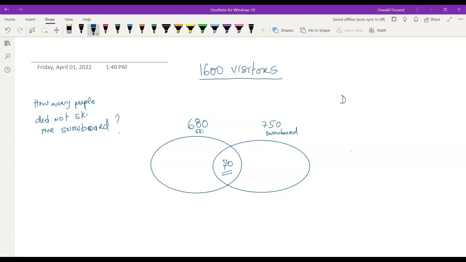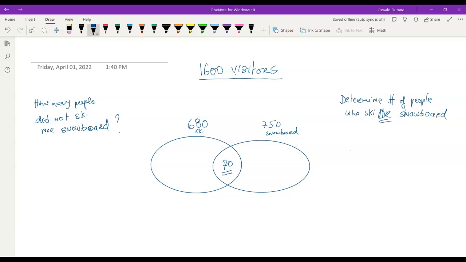First, determine the number of people who ski or snowboard. When I'm using that language, that means the overall number of people, all of them.